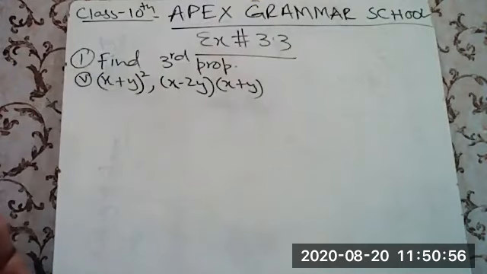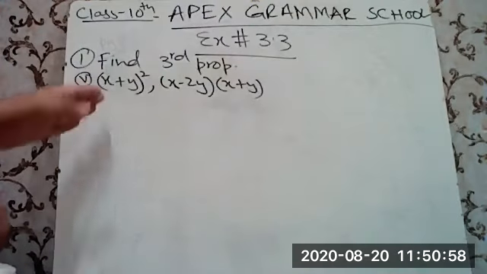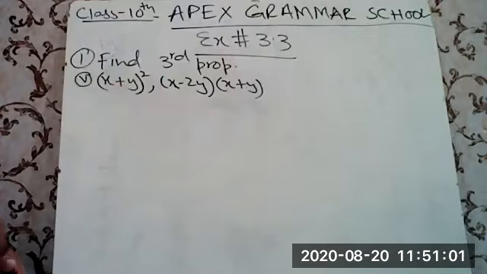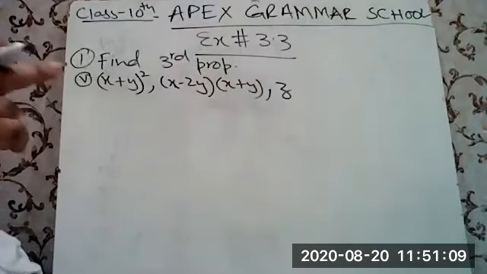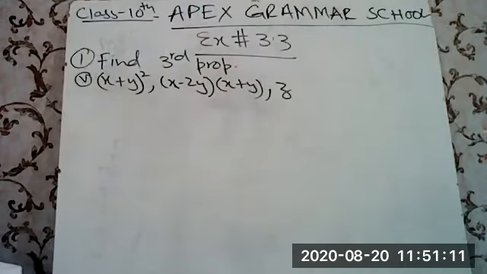But again, it is the same problem. x and y are already used here, so we need another variable rather than x and y. So we will again use z, and now we need to find the value of z.